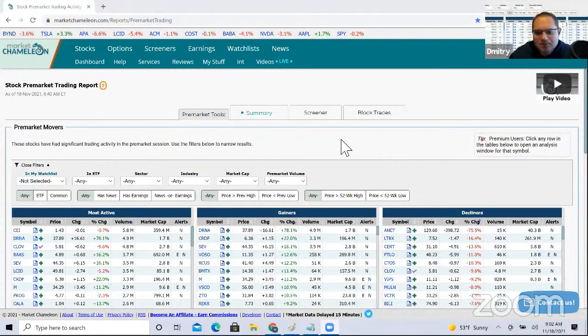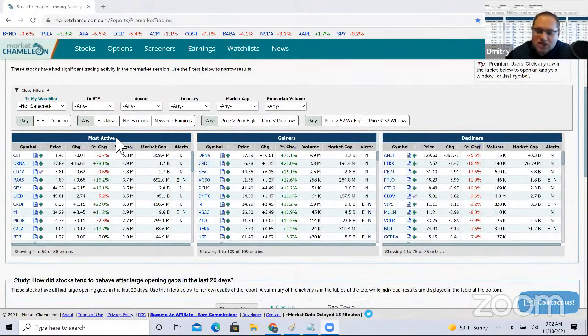Okay. So here, these are stocks trading in pre-market hours. We have the most active stocks, biggest percentage gainers, biggest percentage decliners. We see 109 stocks made our percentage gainers list, 75 on the percentage decliners list. So from that perspective, we see a little bit more bullish bias at the open. I'm going to filter these lists by components in the S&P 500 to see if we see a similar situation.